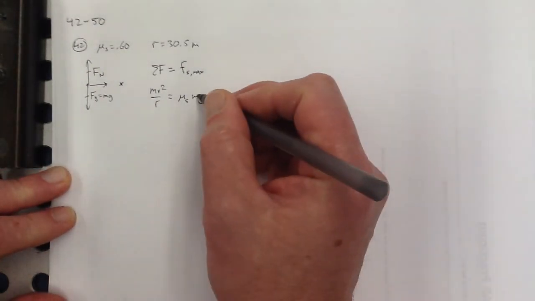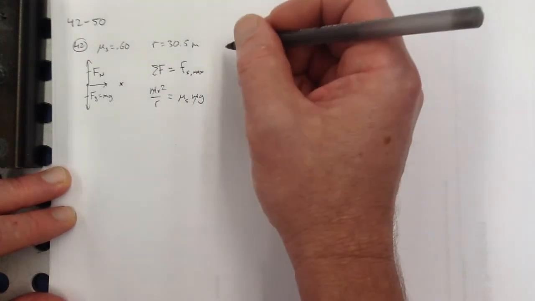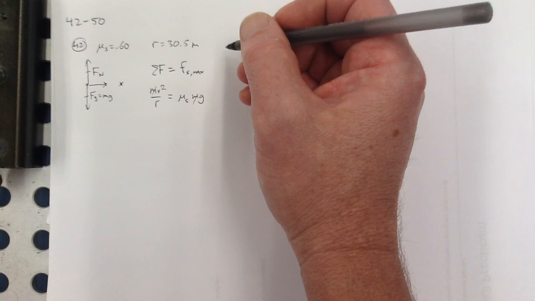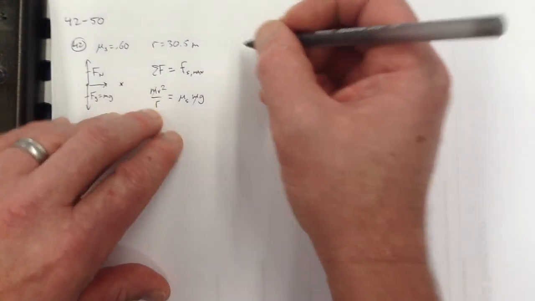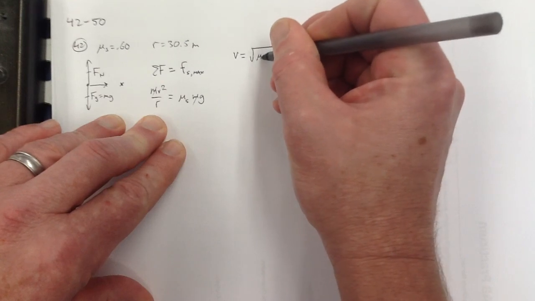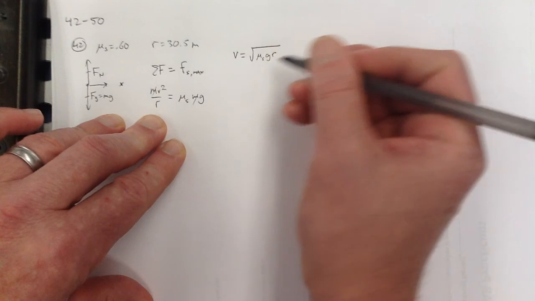Well, that's mu mg, and those masses cancel out. Good thing, because I didn't know the mass of the car. And they want to know what is the max speed. So that's going to be the square root of mu g r.